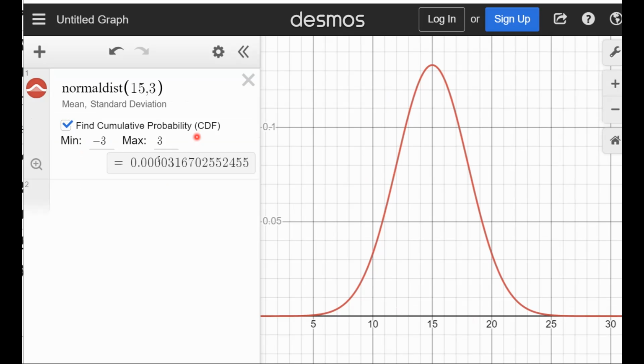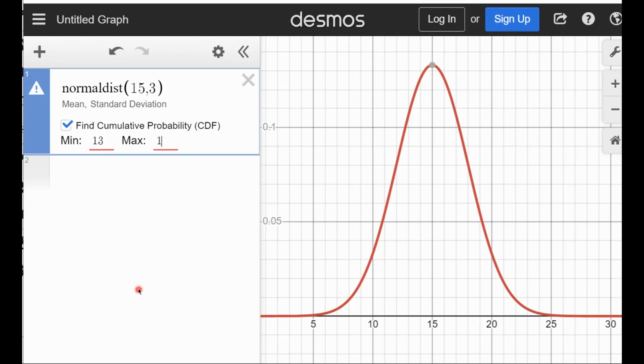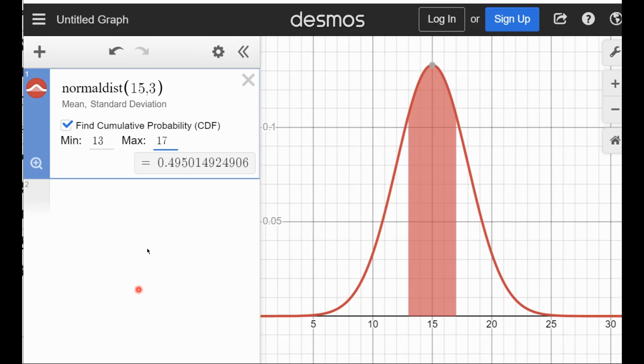Now, if I want to find a particular percent, like we wanted to figure out the probability that they are between 13 and 17 minutes long, I can go 13 to 17 and I get 49.5.